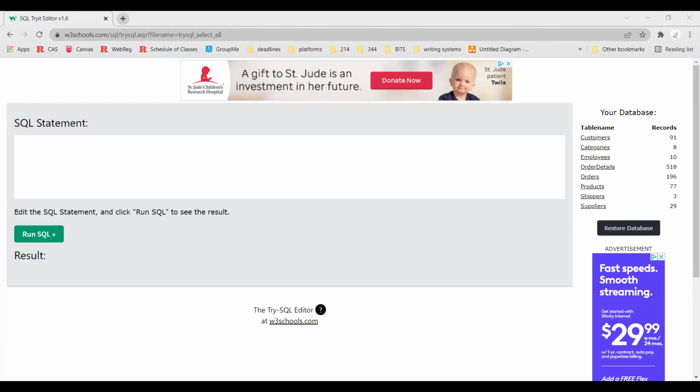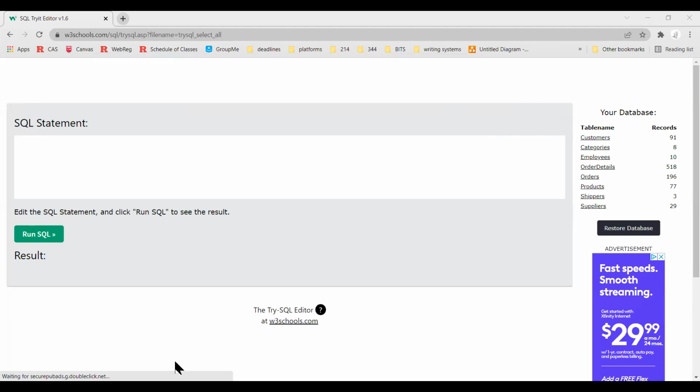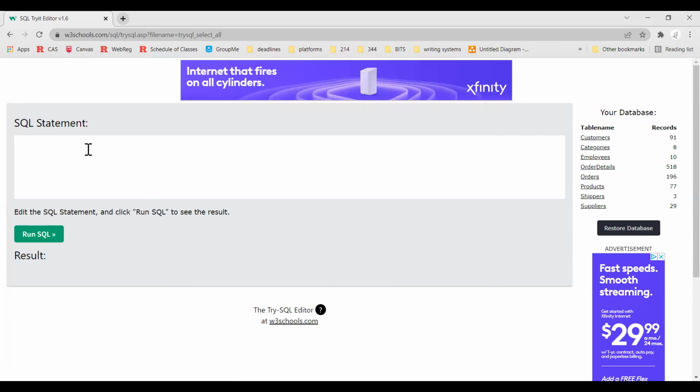All right, so first let's take a look at the customers table. Does anyone remember what the command is to select all the columns from the customer table? The asterisk is correct. So we're going to go select star from customers.